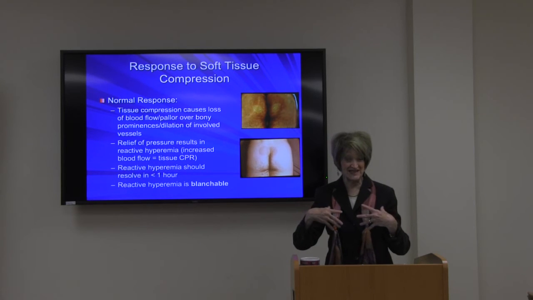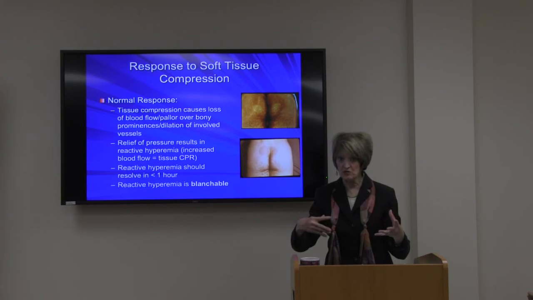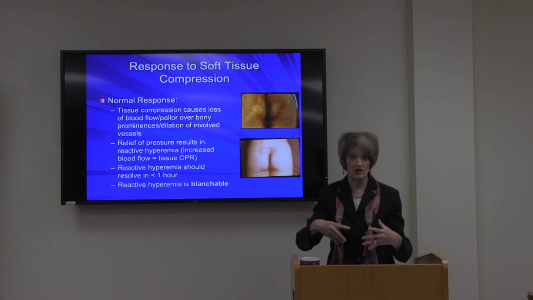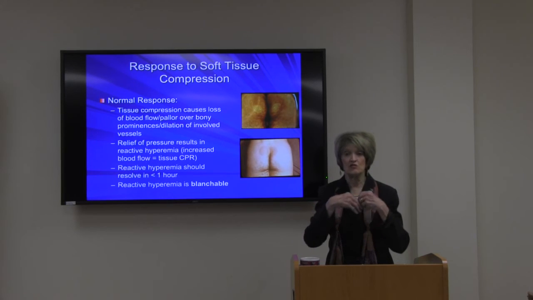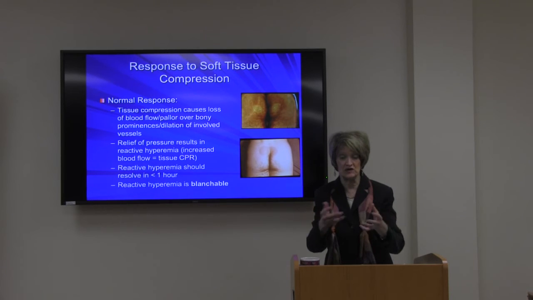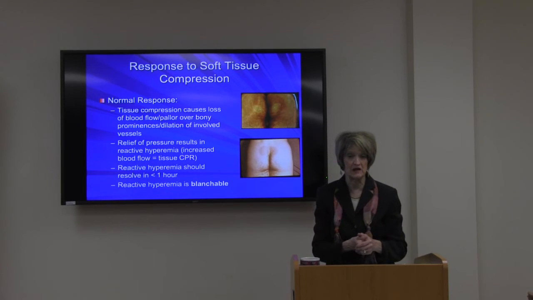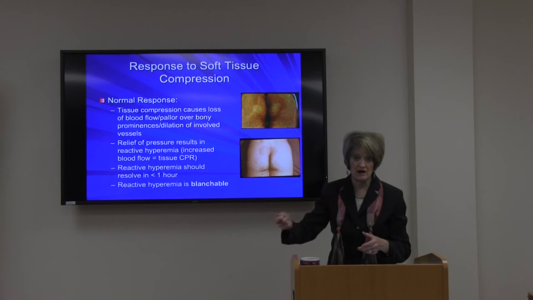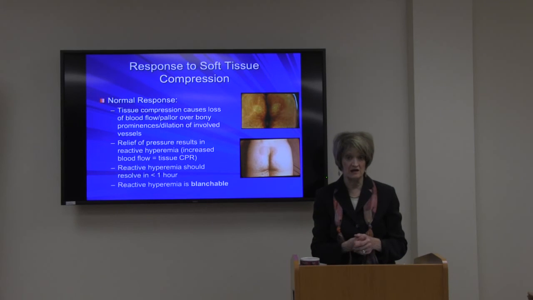And what do we see clinically? We see blanchable erythema. Blanchable erythema is tissue CPR in progress. Rapid delivery of blood, oxygen, nutrients to the tissue that has been compressed. Pickup of carbon dioxide and waste products.